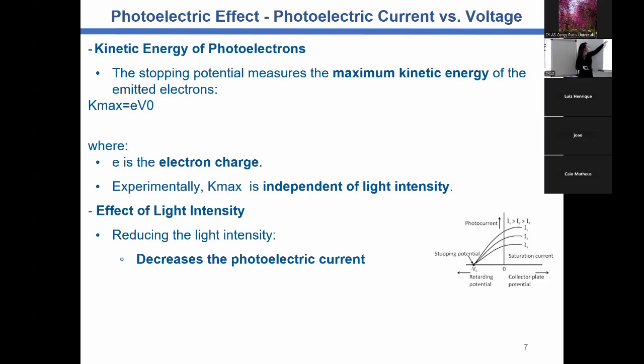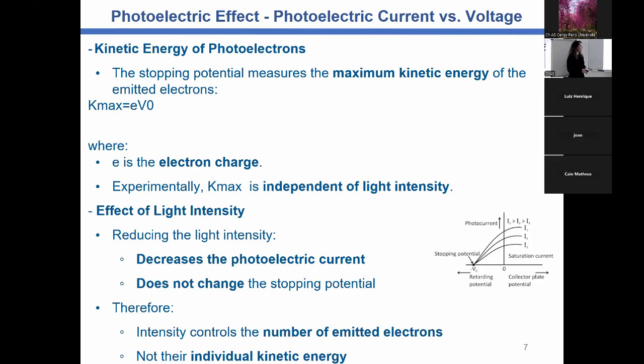And this correlation is with the electron charge, that is the charge of one electron. So in terms of light intensity, as we discussed earlier, reducing the light intensity decreases the photocurrent, but does not change the stopping potential. So the intensity controls the number of electrons that are emitted from the material, and not the kinetic energy when they leave the material.